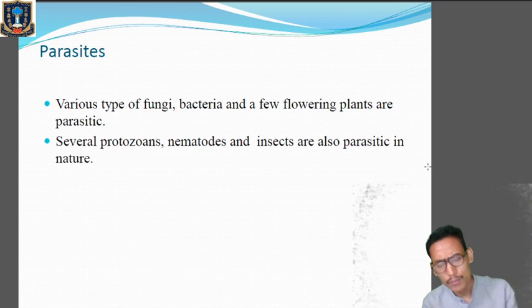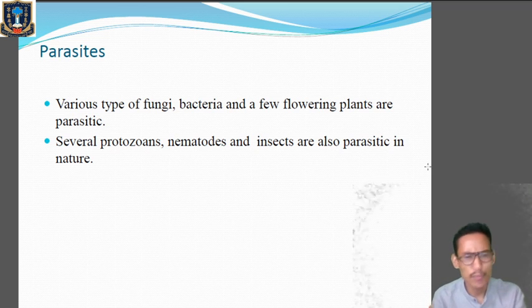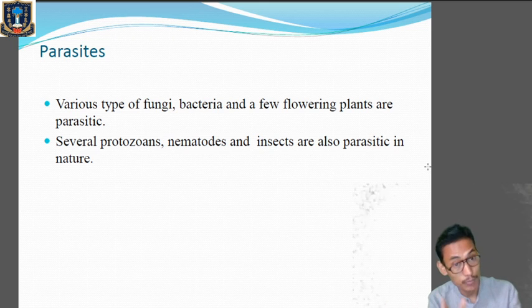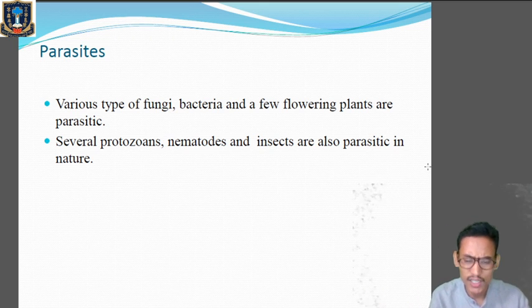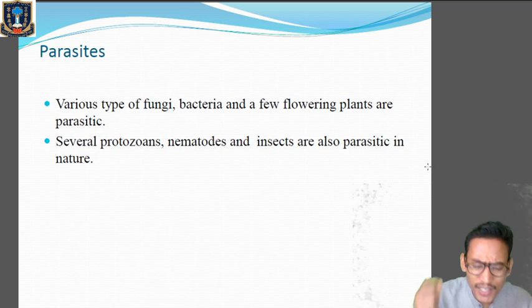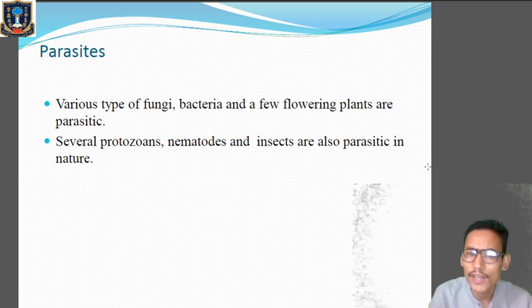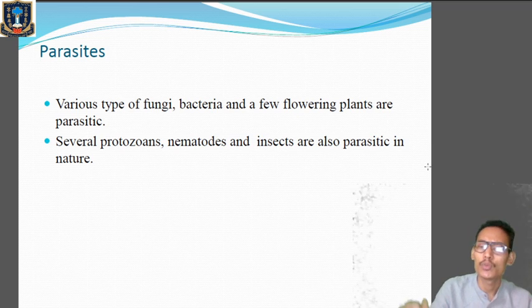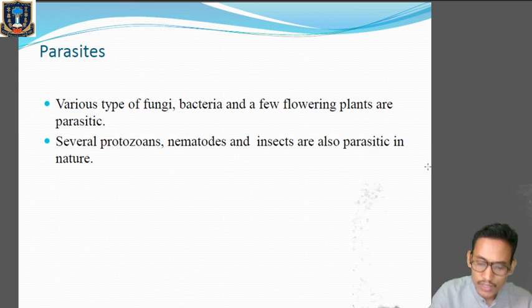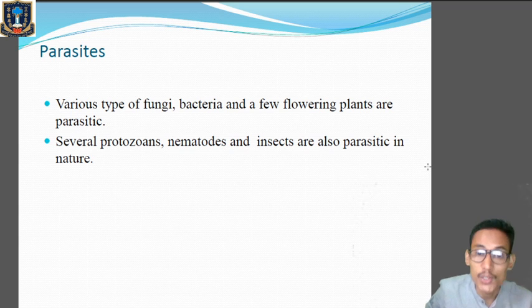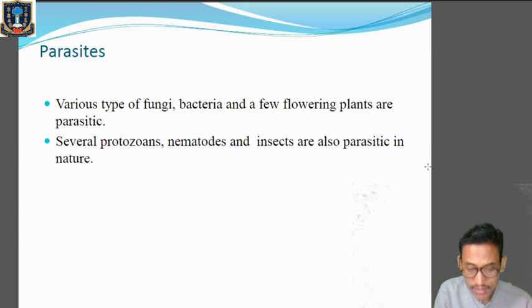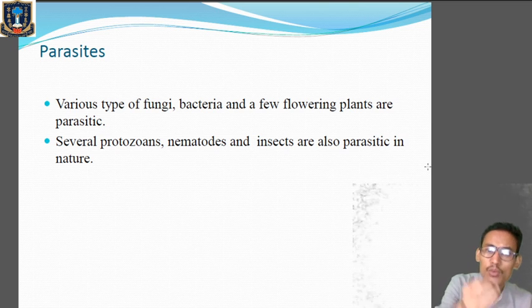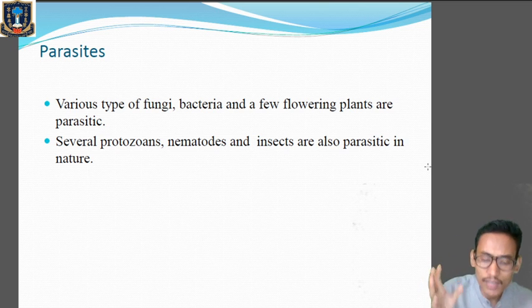The dead bodies of plants or animals are decomposed by the decomposers, like saprophytic fungi and bacteria. The decomposers convert the dead body into simple inorganic substances and return them to the soil, and this will again be utilized by the producers. Clear? So here we can say that all the living organisms are dependent upon one another.